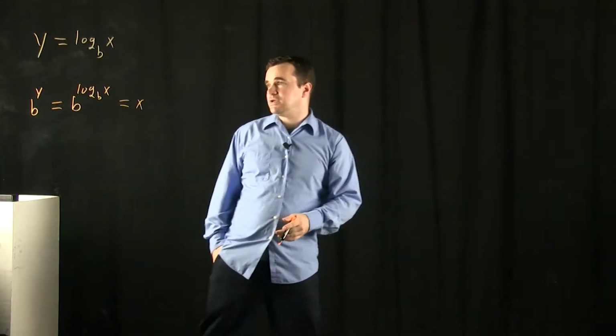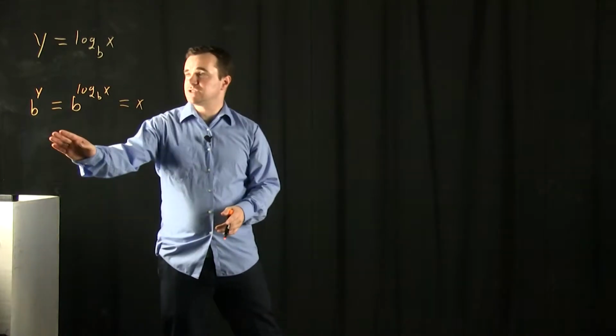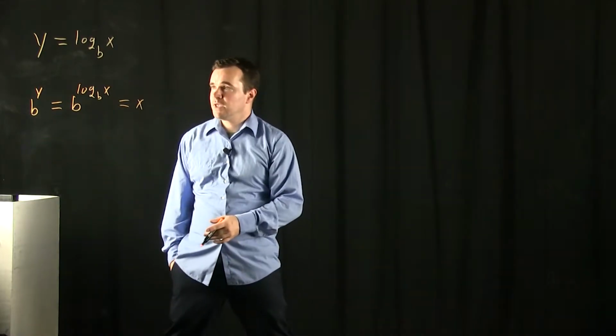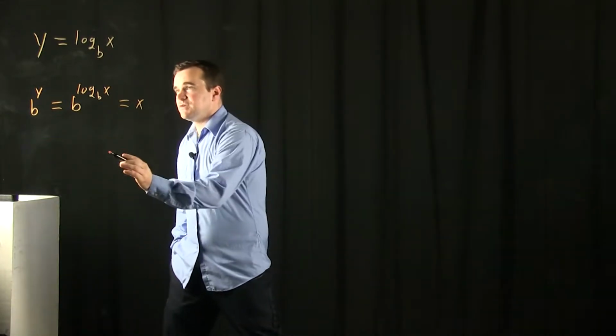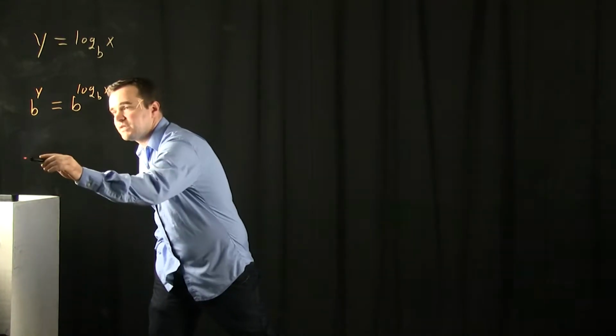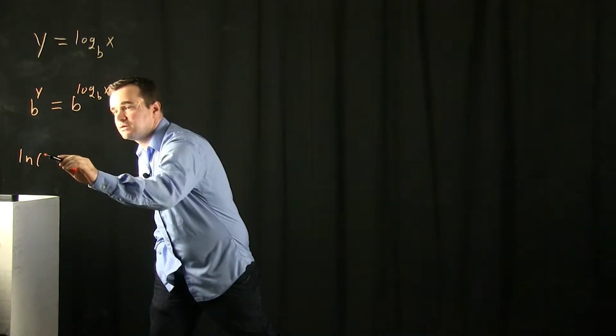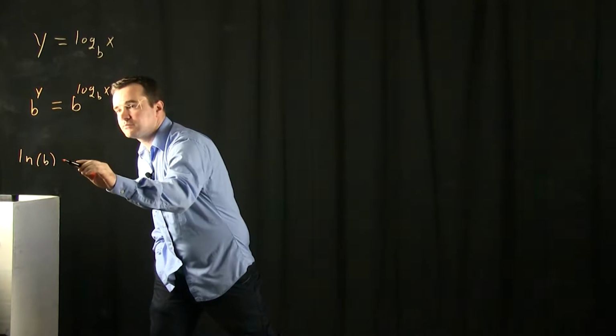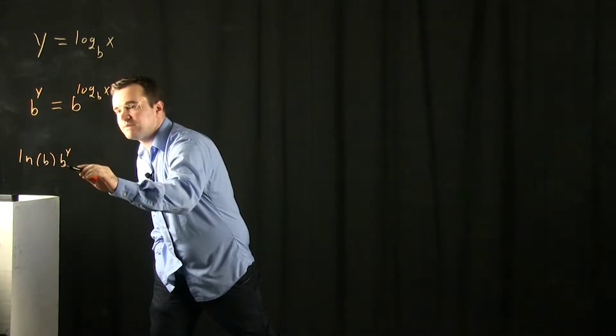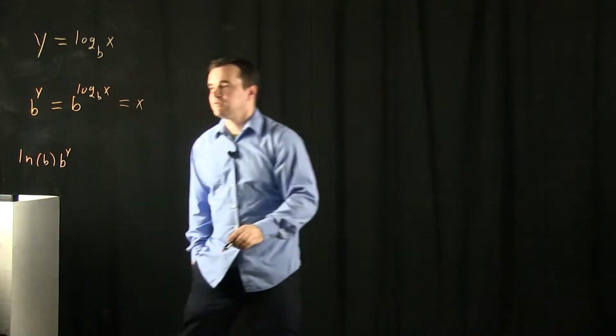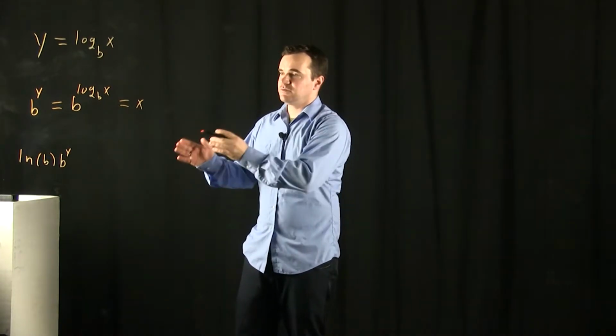So what I can do here is I want to use the chain rule to take this derivative as usual. What I'm going to get is the derivative of b to the y, that's natural log of b times b to the y. That's the derivative if I were taking the derivative with respect to y.